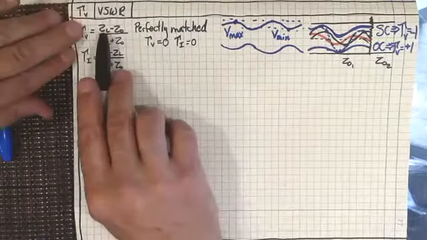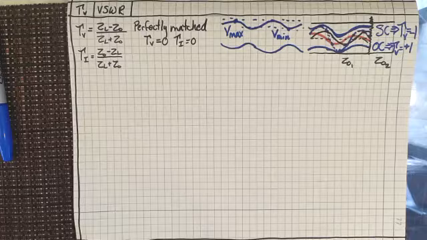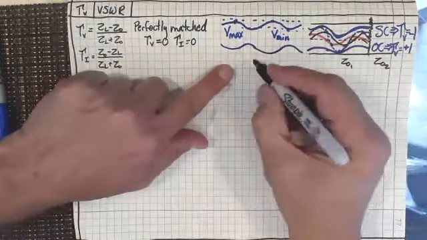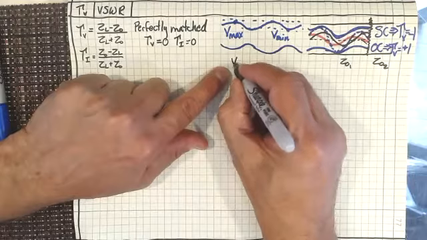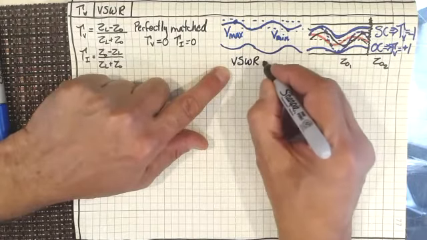Anyway, you could see that because 50 ohm minus 50 ohm, of course, you would get that. So that would be perfectly matched. And I'm going to define something here: voltage standing wave ratio.